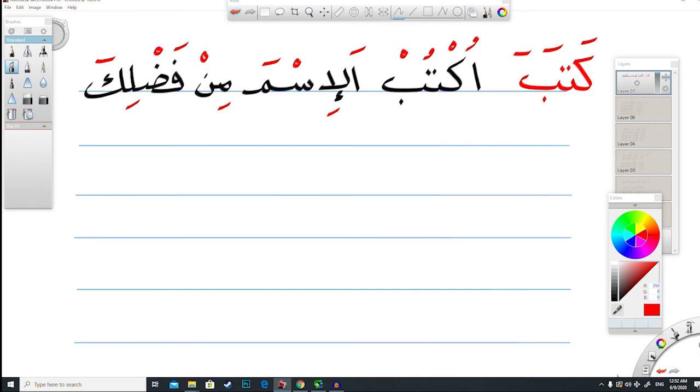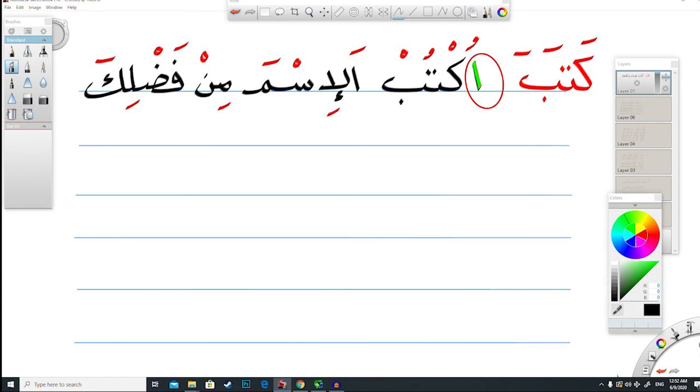Here you ask someone to do something, so you use the imperative form. You ask him to write his name. اكتب الاسم, write the name, من فضلك, please, or excuse me. Notice that we only added the alif without hamza, Hamzat wasl, to the root.